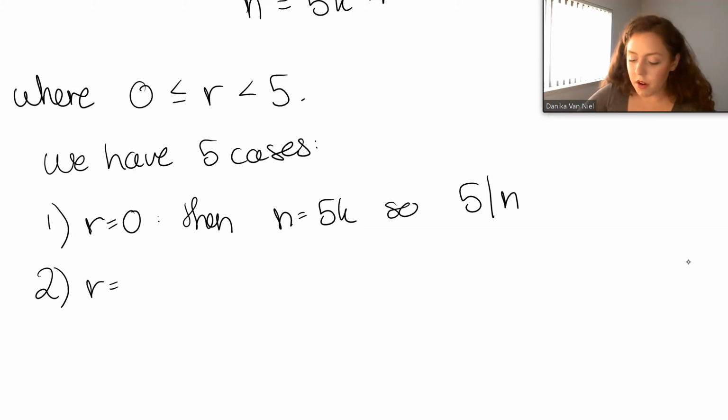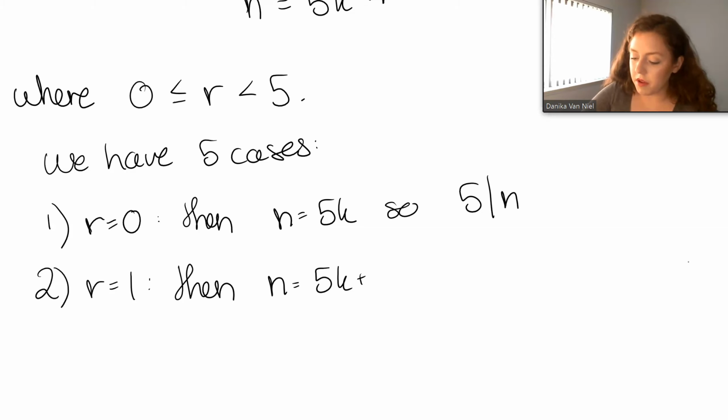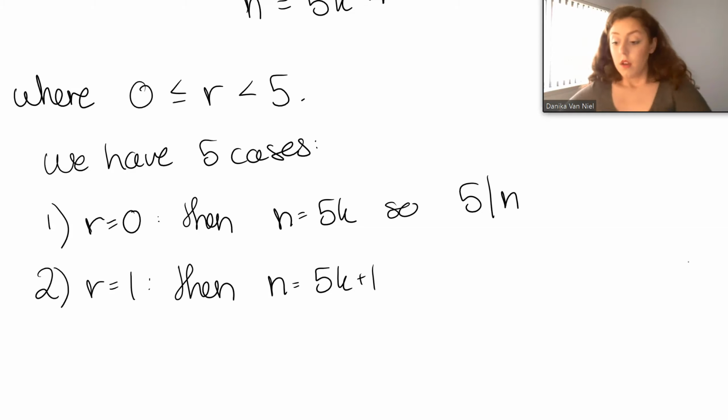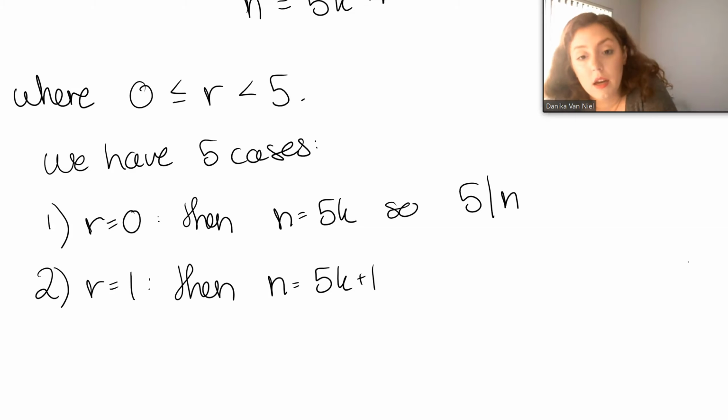Well, how about when r equals 1? Then n equals 5k plus 1. We can't say that 5 divides n, but I want it to be 5 times some integer.